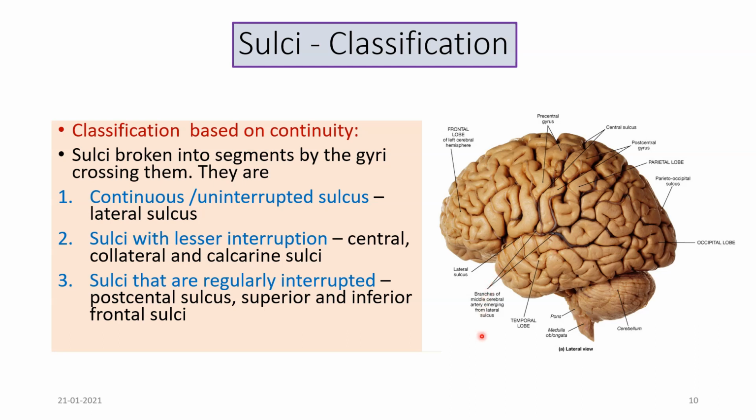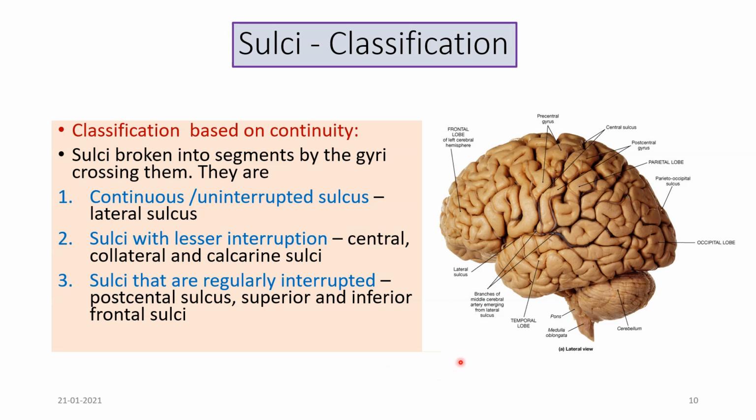And there are certain sulci with lesser interruption. The example is the central sulcus, which you are seeing on the superolateral surface. Then the collateral and calcarine sulcus, which you will see on the medial surface of cerebral hemisphere. Then the third variety here is the sulci that are regularly interrupted.